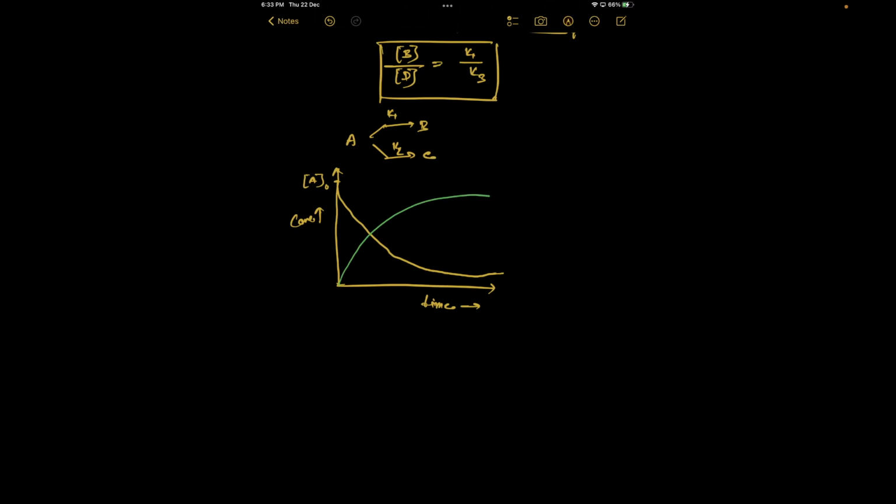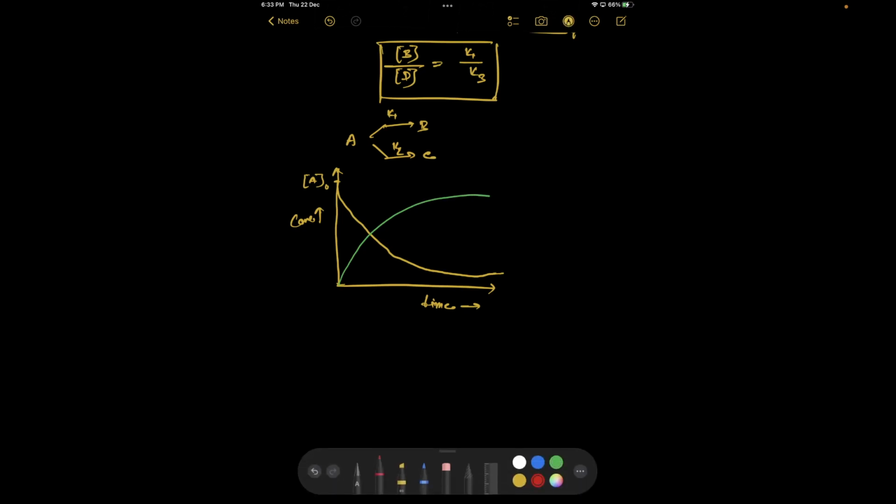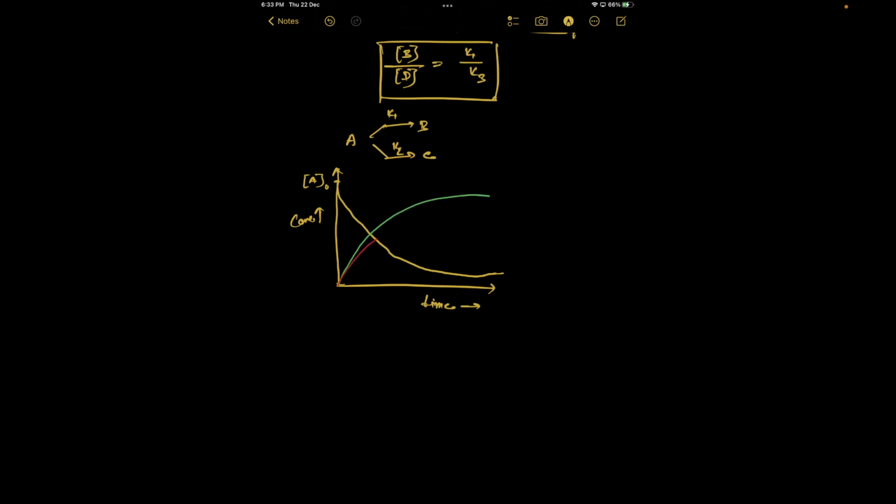B and C molecules form by following different reaction pathways.